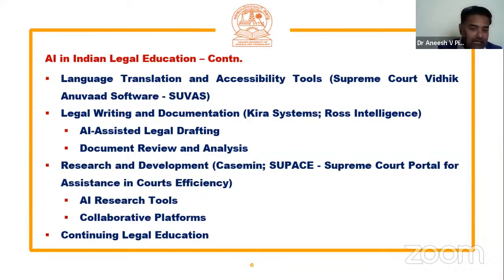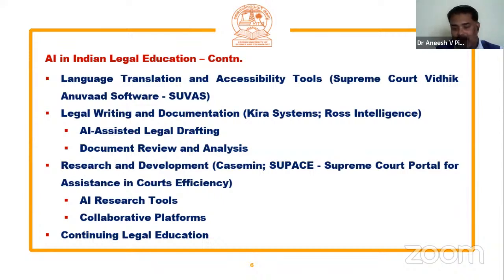With the help of these tools, a student will be able to easily draft documents. Even a student can draft a document for his own purpose, or for his home or friends, even before joining the bar or getting much knowledge in that. With the help of these tools, he can easily make this documentation.